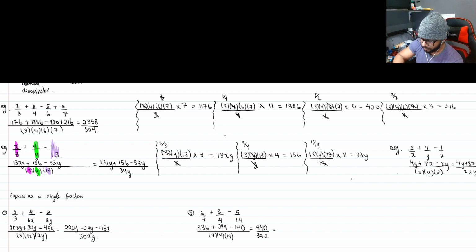Now this could be reduced. 490 over 392 is equal to 5 over 4. So in this case here, 392 was not my LCM.